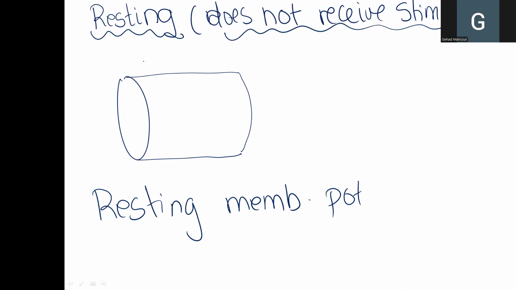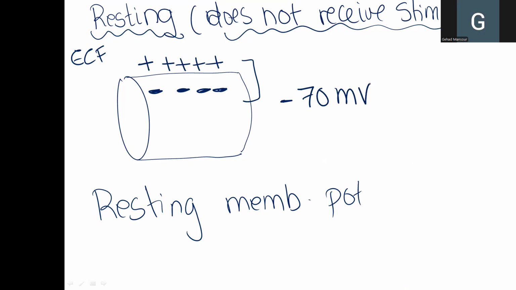So under normal conditions, the external surface of the membrane that is in contact with the extracellular fluid is positive in relation to the inside. And there is a potential difference of minus 70 millivolts. And the minus sign refers to the fact that the inside is negative to the outside.